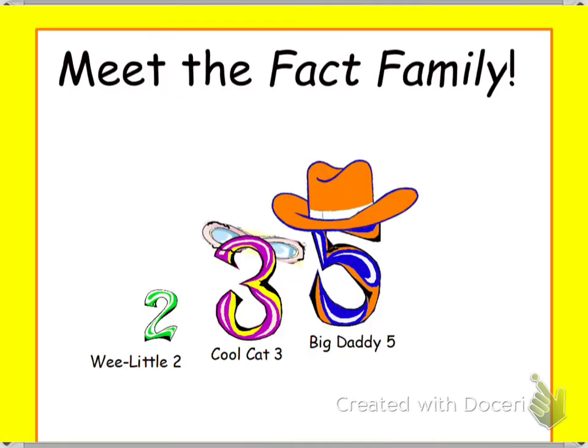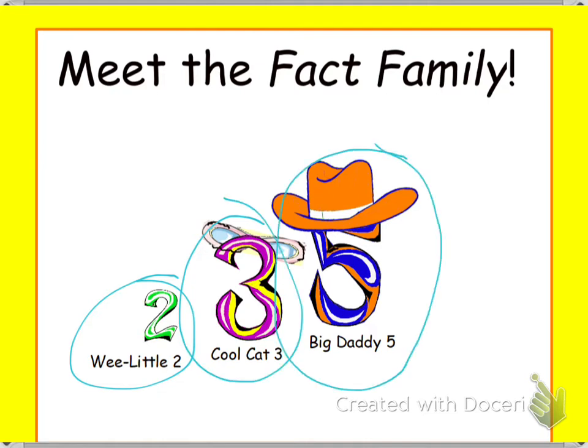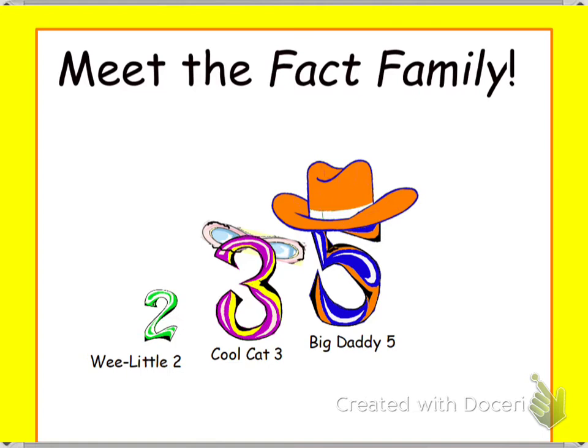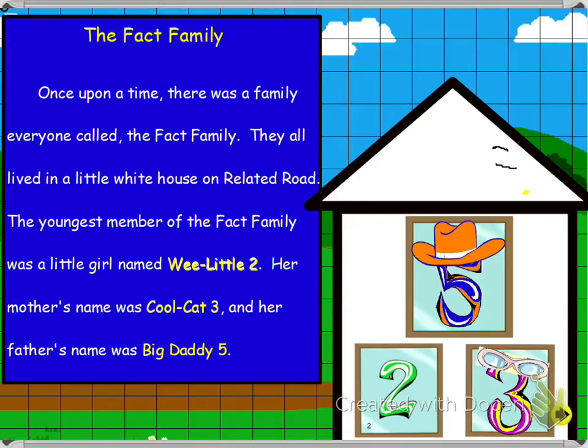So, first I want to meet and introduce you to a very special family, the fact family. This right here is wee little 2, and this is Cool Cat 3, and this one is Big Daddy 5. Okay, and I'm going to tell you a story about wee little 2, Cool Cat 3, and Big Daddy 5.